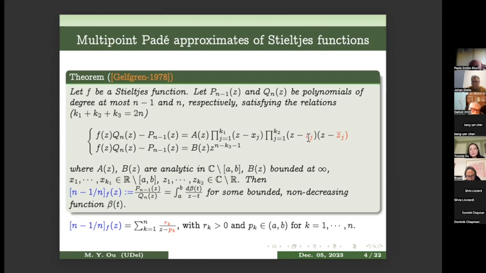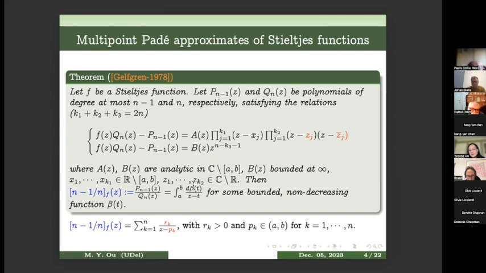Once you interpolate this way, he proved that this, which I marked in blue here, this n-1/n rational function approximation of the Stieltjes function, which I define this way, is itself also a Stieltjes function.